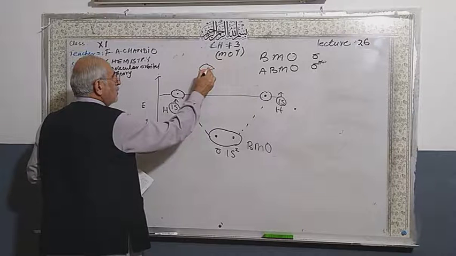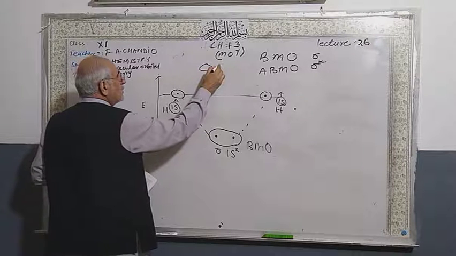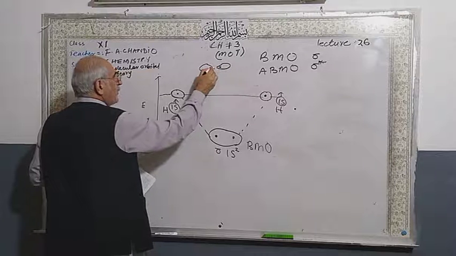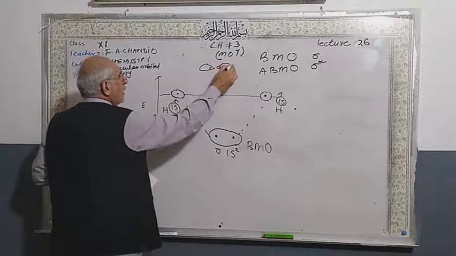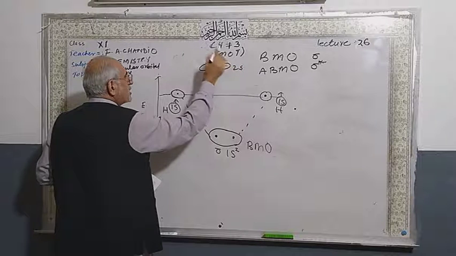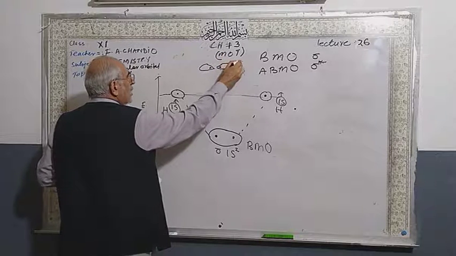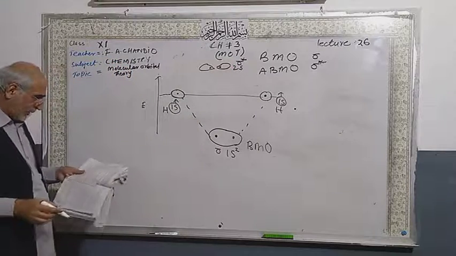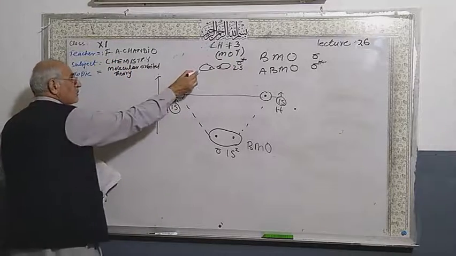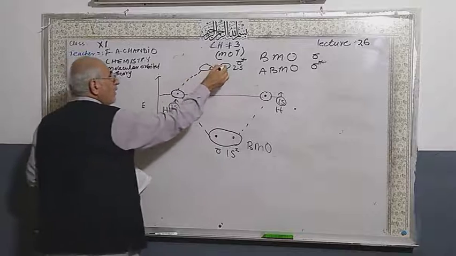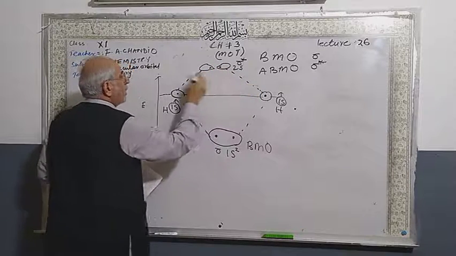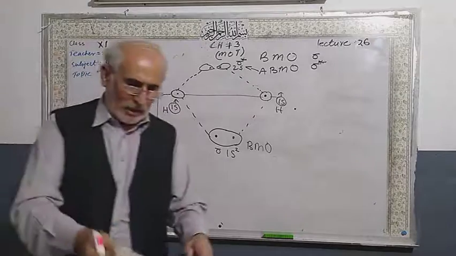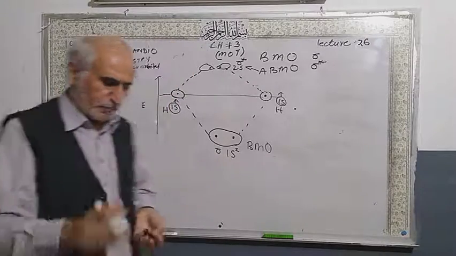Not a perfect overlapping. 2s, no electron, sigma star, the anti-bonding molecular orbital.